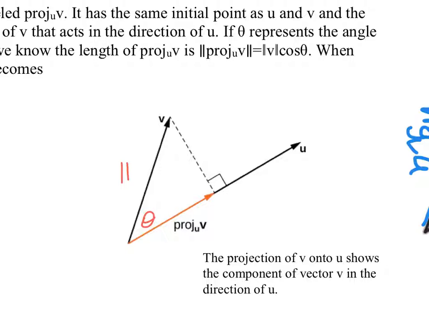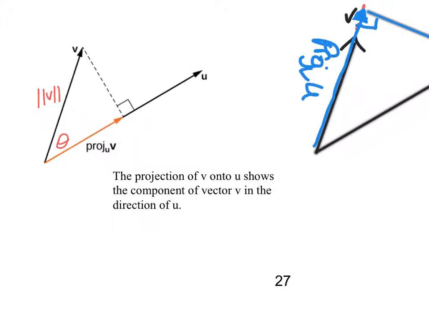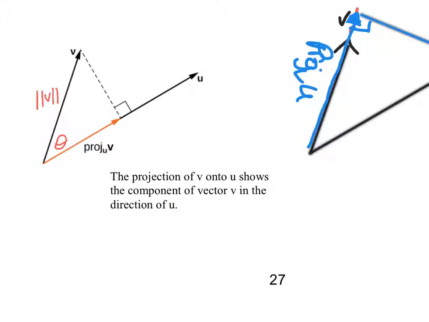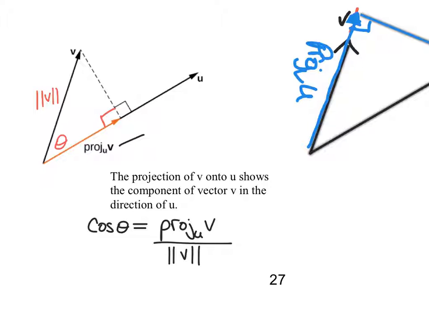This is my magnitude of V. I'm looking for the projection of V upon U. So I can say, using good old-fashioned SOHCAHTOA, SOHCAHTOA totally, as Mr. Panzer would say, cosine of theta is equal to adjacent over hypotenuse: the projection of V upon U divided by the magnitude of V. Now the thing is, that projection of V upon U, that's a vector.